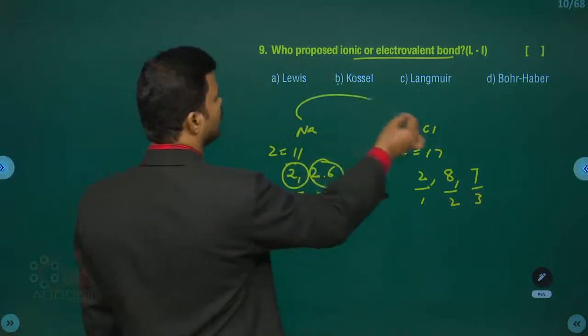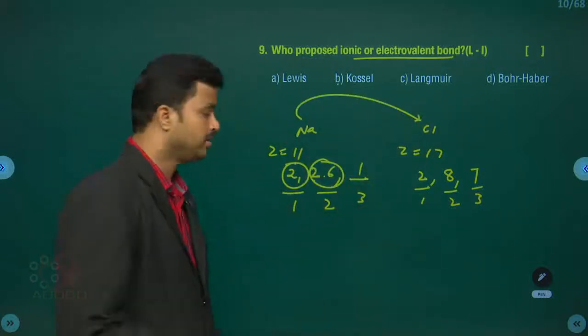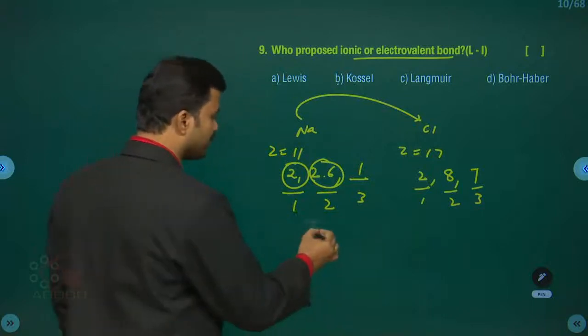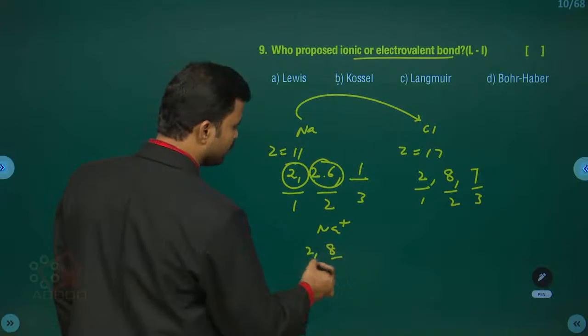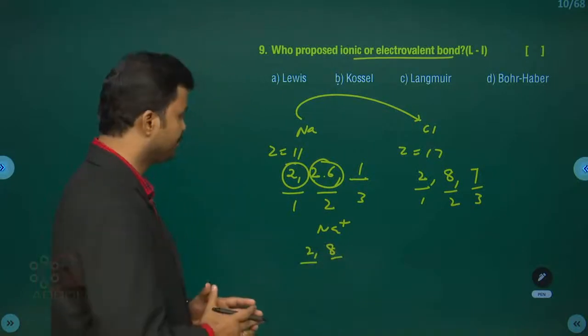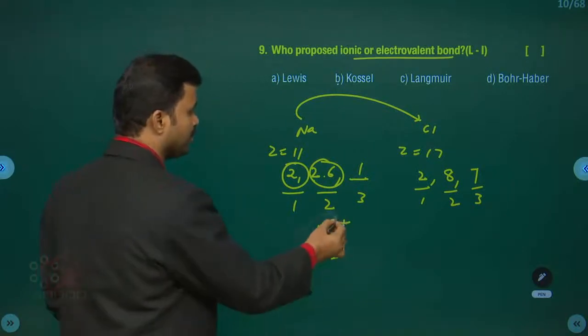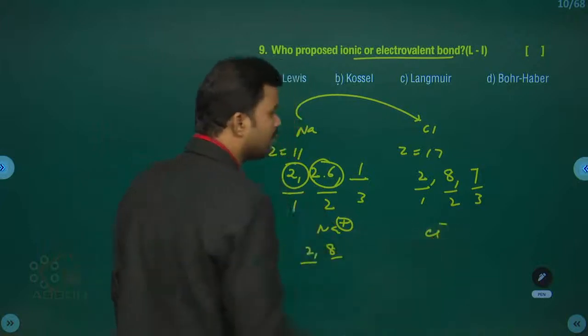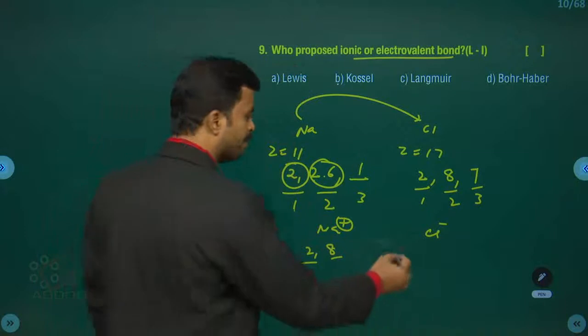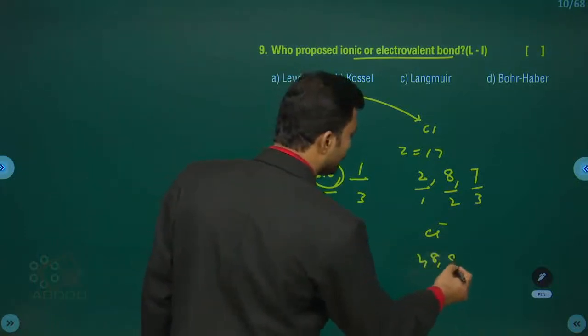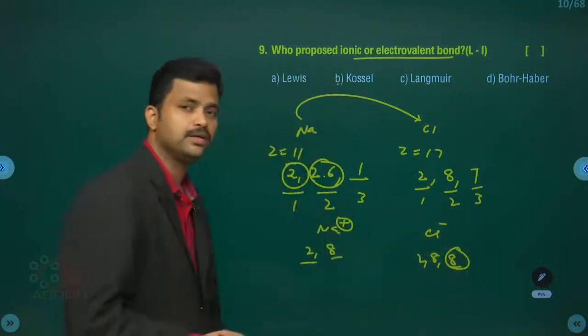If sodium loses 1 electron to chlorine, it will attain an octet configuration. In Na plus the last orbit will have 8 electrons, so Na plus is stable. Similarly in Cl minus, as it acquires 1 extra electron, the configuration is 2, 8, 8, with the third orbit having 8 electrons.